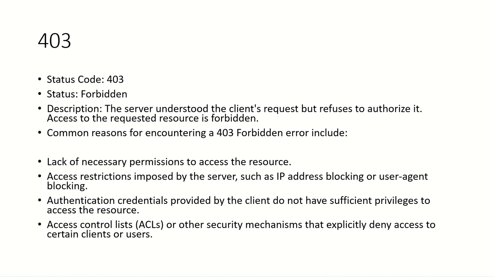Common reasons for encountering a 403 forbidden error include lack of necessary permission to access the resource, access restriction imposed by the server such as IP address blocking or user agent blocking, authentication credentials provided by the client not having sufficient privilege to access the resource, or an access control list or other security mechanism that explicitly denies access to certain clients or users. So this is the 403, and we have discussed the difference between 401 and 403 as well.